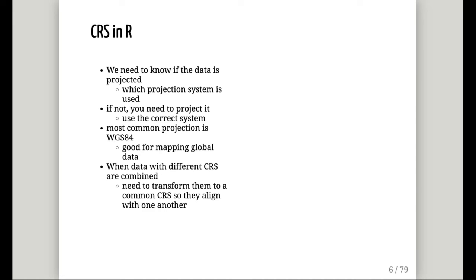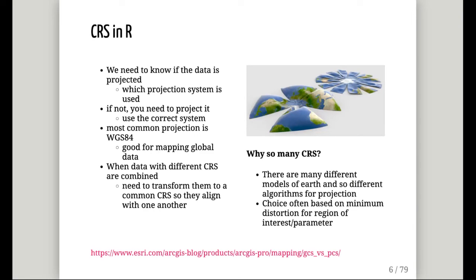So your units should be the same, with volume, kilogram or milligram. So it's like having the same units when you're doing mathematical operations. With spatial operations, you need to have the same CRS to be able to combine things together.